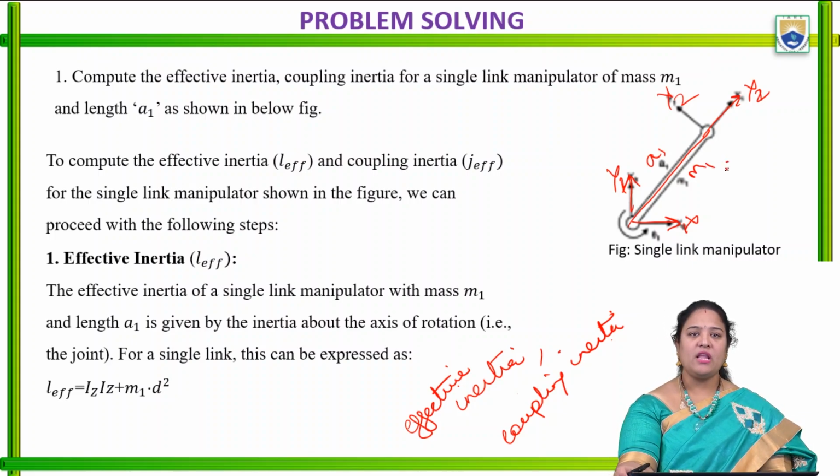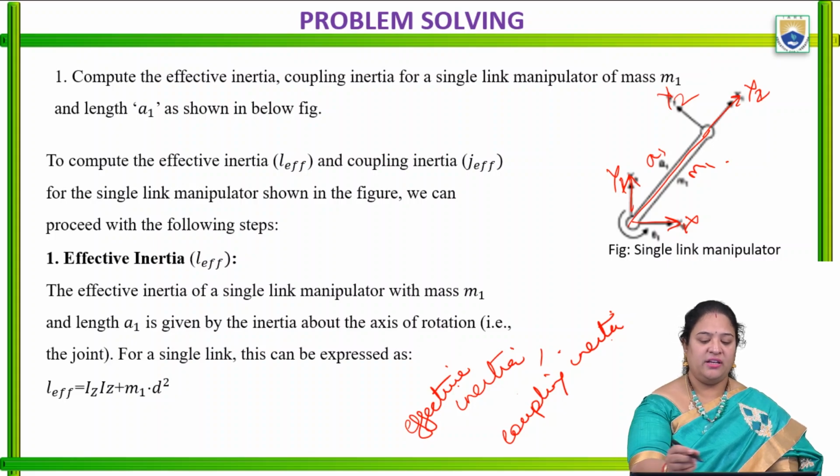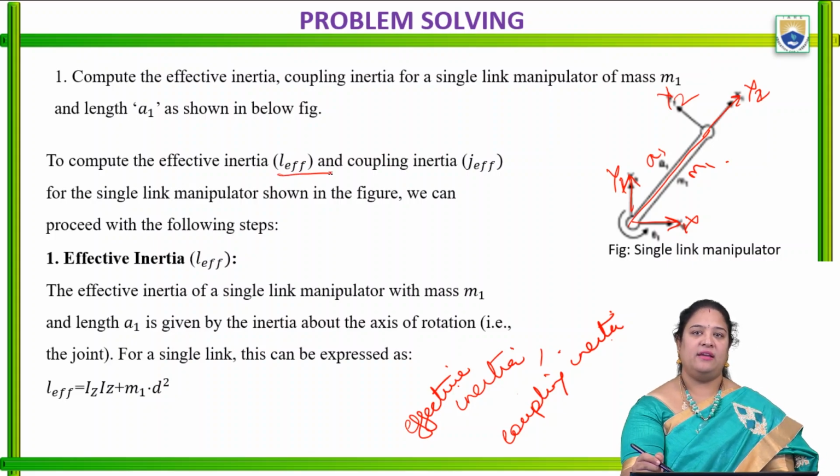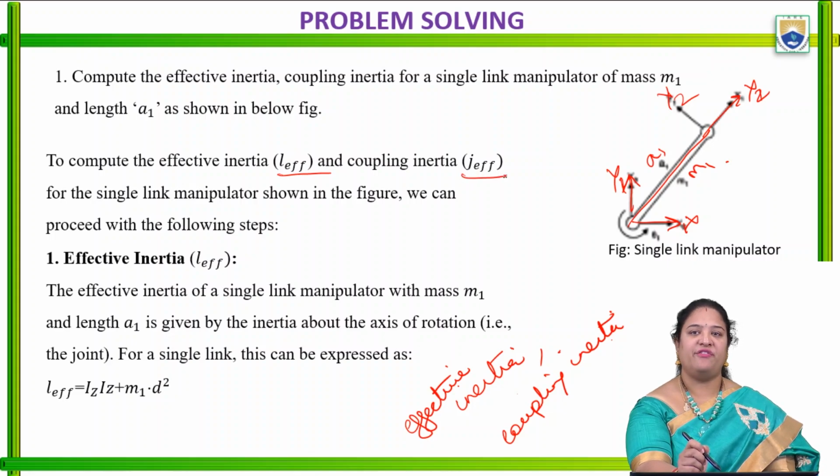Here, to compute the effective inertia, it is taken as I effective, and the coupling inertia is written as J effective. It is the determination of effective inertia and the coupling inertia.